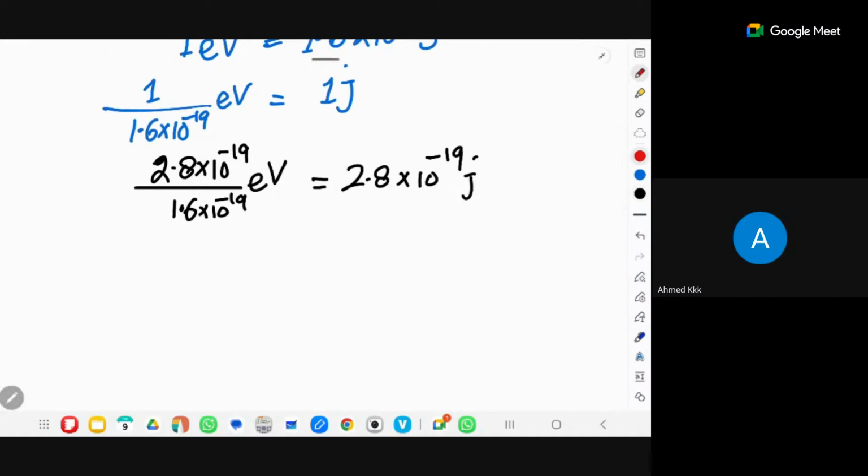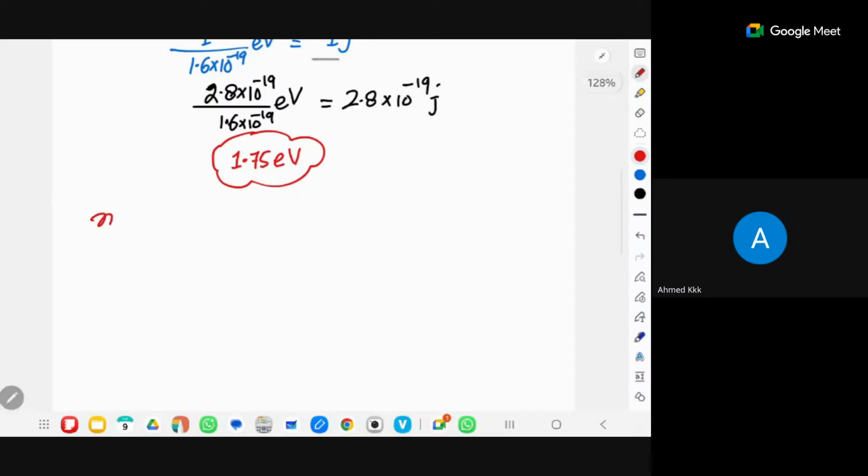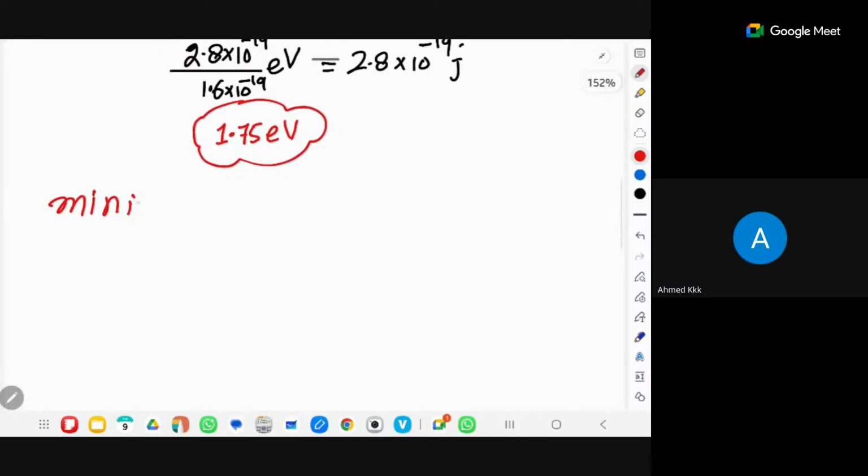What is the value you are getting here? 1.75 electron volt. This is a significant value which I can consider as some energy. So this is basically the minimum required energy to just release an electron from the surface of a metal. Is this clear to everyone?